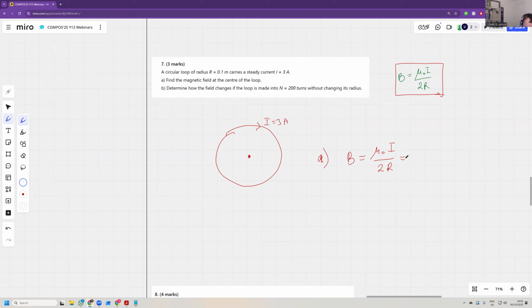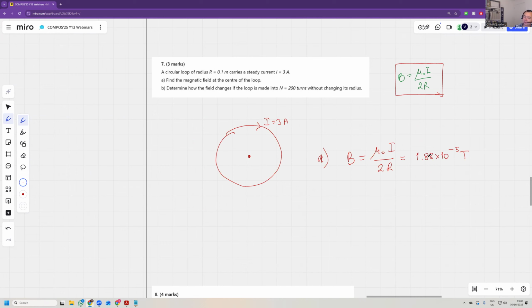Multiplied by current, which is 3, divided by 2, and divided by 0.1, which is 1.88 times 10 to the minus 5 Tesla.